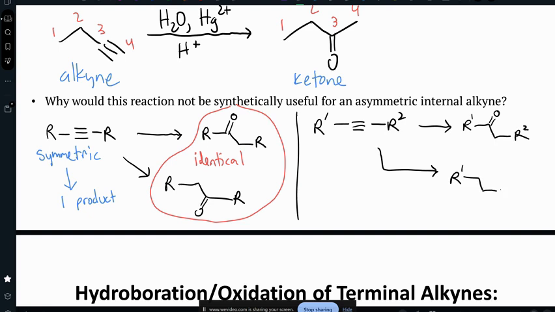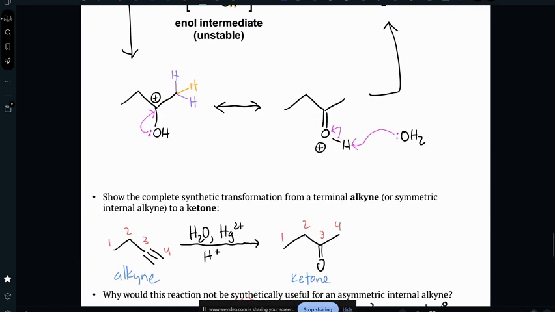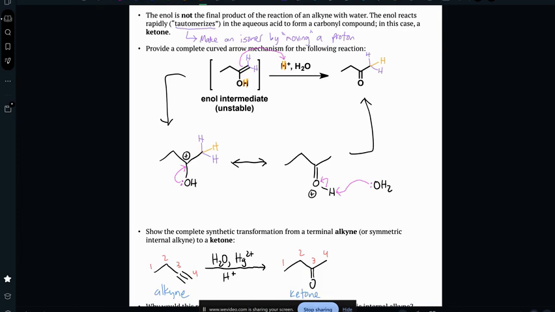And these are different products. So this gives me two different products. And generally, we like to avoid reactions that give us two different products because then we have to separate those products and it's harder to isolate the one that we want.